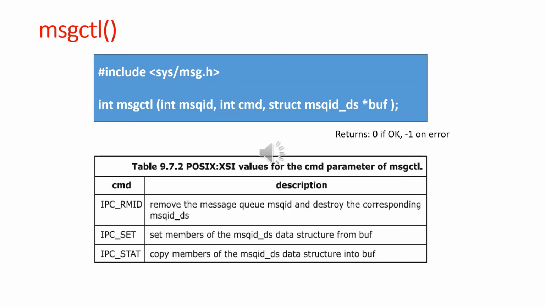You want to store it into the buffer, for that you use IPC_STAT. If you want to remove any message information in the queue, that should be done with the help of the IPC_RMID command. Right, these are the command parameters for the message control function, and this function returns 0 if it is okay, otherwise returns -1 if it generates any errors. This is the meaning of message control we use in the message queue concept.